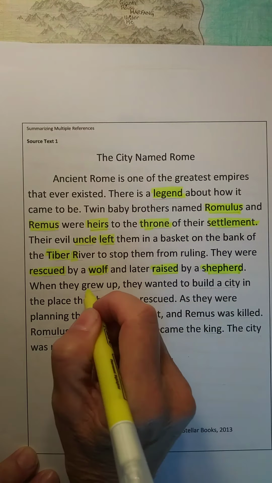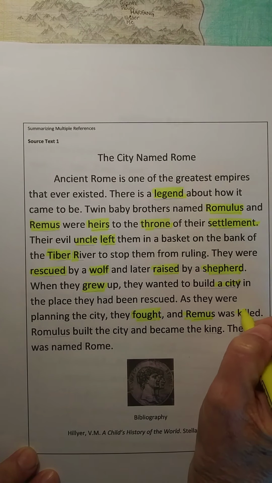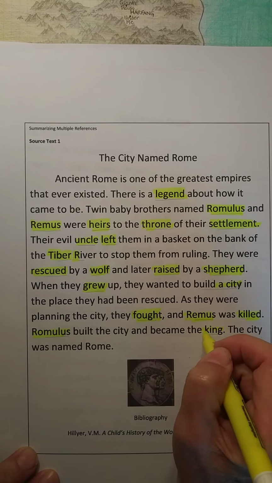Okay, and then when they grew up, they wanted to build a city where they had been rescued. They fought, and Remus was killed, and Romulus built the city and he became the king.